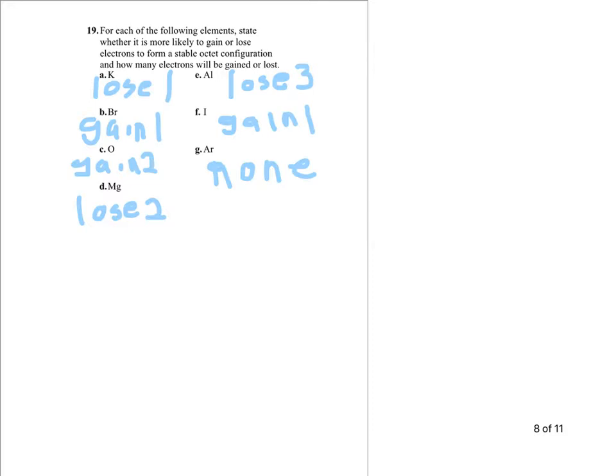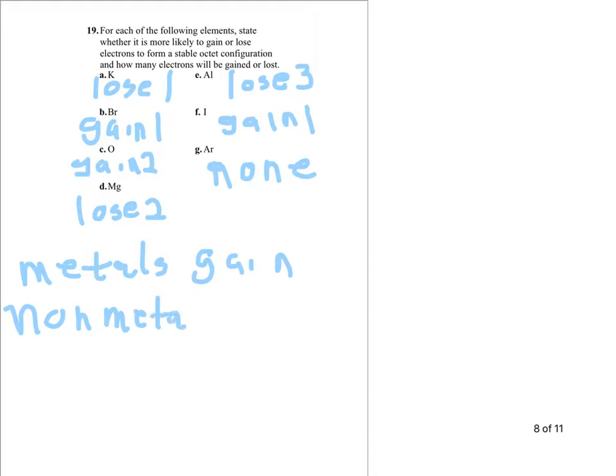Why? First thing you'll want to remember on this is that metals tend to lose, nonmetals tend to gain. Potassium being a metal, it's going to lose, and if it's in group 1, it's going to lose 1.